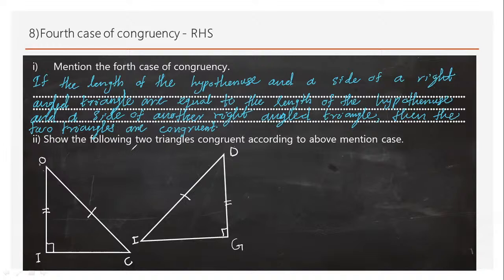So we can write, show the following two triangles congruent according to the above mentioned case. These two triangles are right angle triangles, so we have to concern about the hypotenuse and the other side. Now look at the right angles, what are they?